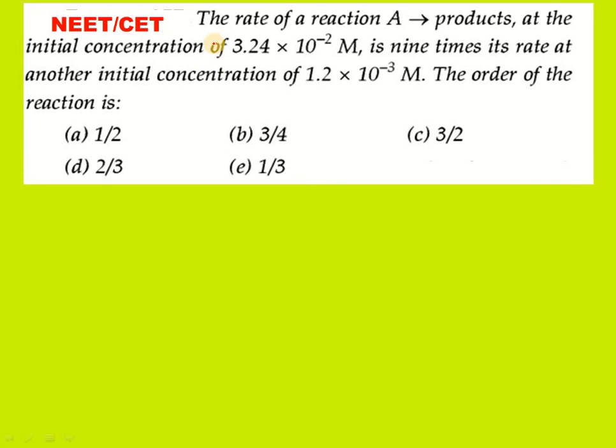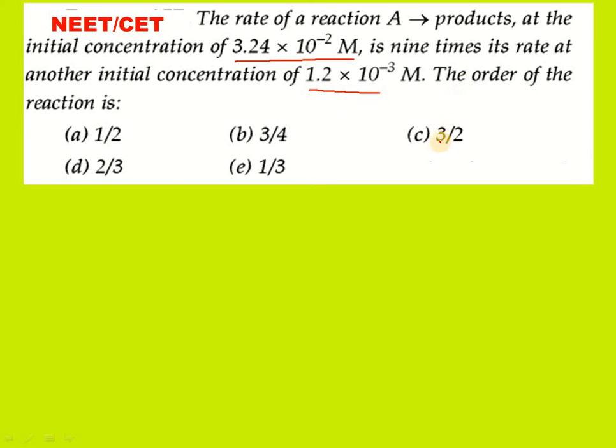See the next question. The rate of reaction A gives rise to products at the initial concentration of 3.24 into 10 power minus 2 molarity is 9 times its rate at another initial concentration of 1.2 into 10 power minus 3.